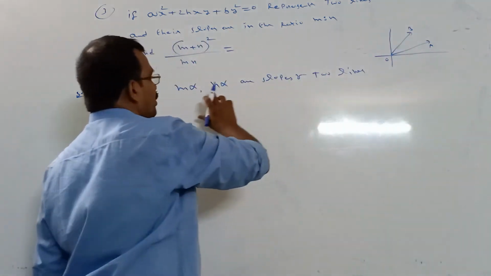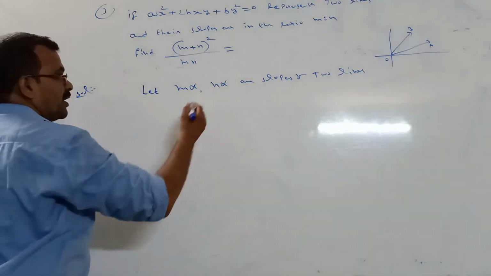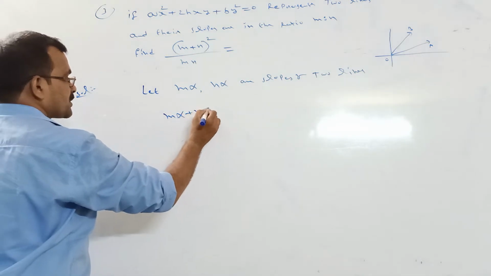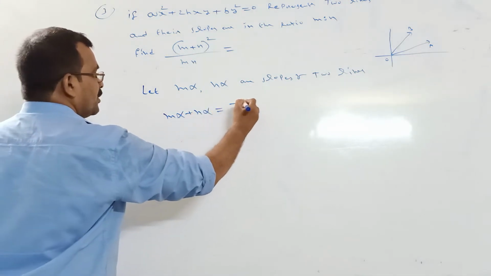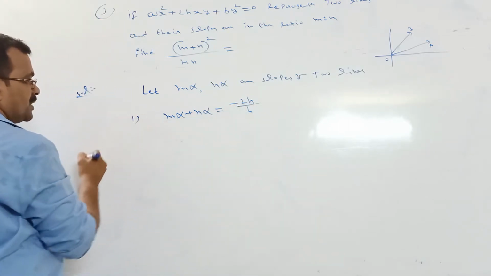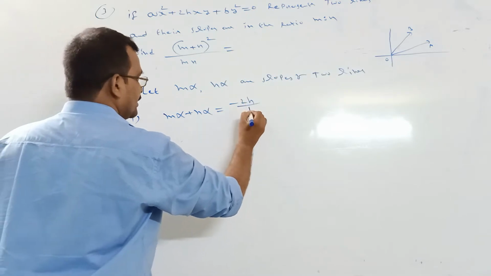According to our theorems, sum of the slopes equals minus 2h by b.